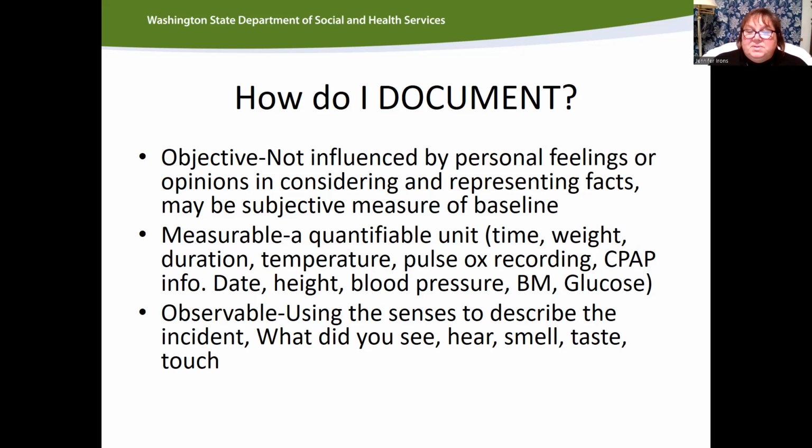So you want to be specific, measurable, a quantifiable unit: time, weight, duration, temperature, pulse, ox reading. If you have the little pulse ox finger things that check your oxygen level, that's a really good way to measure. Joe had a pulse ox yesterday of 98.